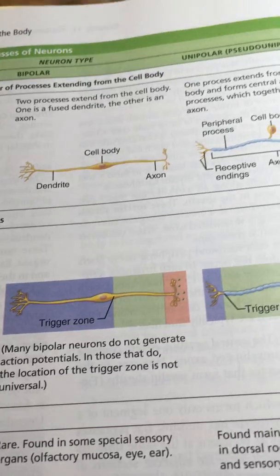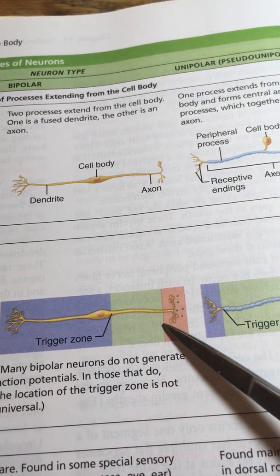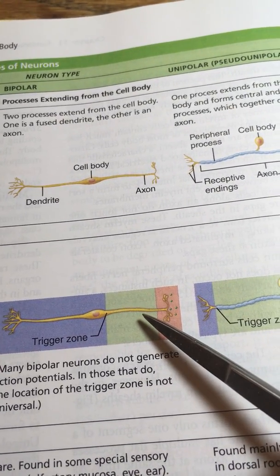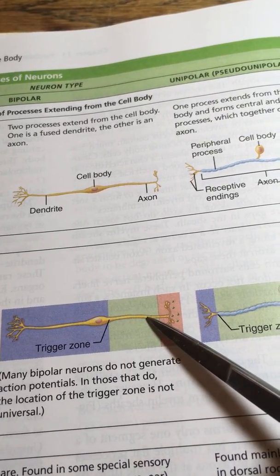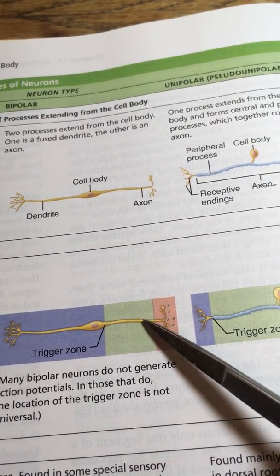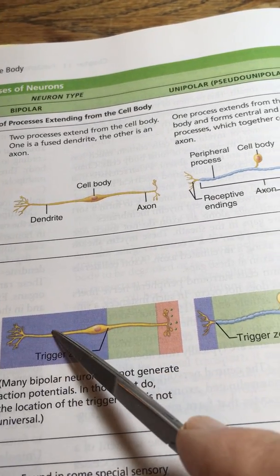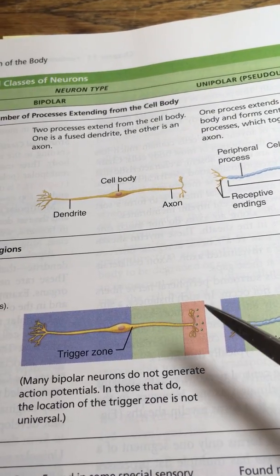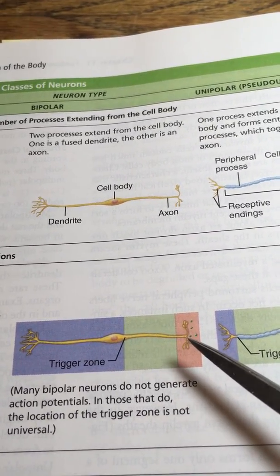Okay, so here we have a bipolar neuron, which is just conducting. It's sort of like crossing a boundary. In the nasal cavity, we have this with cranial nerve number 1, the olfactory nerve. In the retina, in cranial nerve 2, the optic nerve, we need these connecting types of cells that connect the receptor to the main cranial nerve.